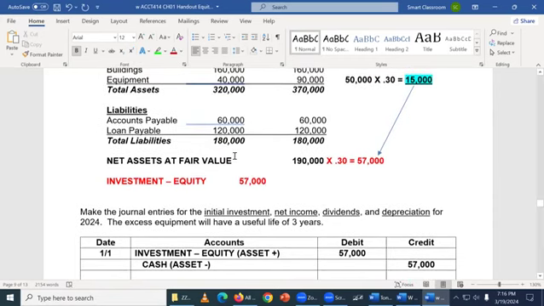Our book value would be 320 minus 180, if we were going to use the book value for this. Wait a minute, what's 320 minus 180? 140? Yes, 140.